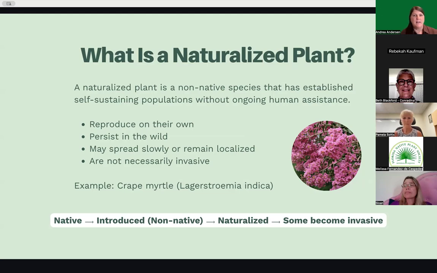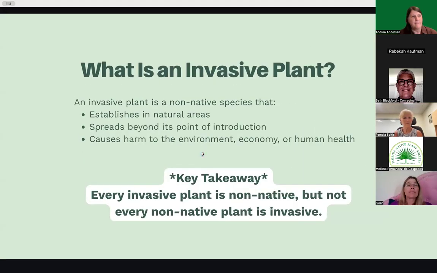And so, again, naturalized does not mean invasive. Some naturalized species just remain stable and cause little or no measurable ecological harm compared to invasives. And we talked about invasives. Okay, invasive. So now we've reached the final category, and that is the invasive plants.